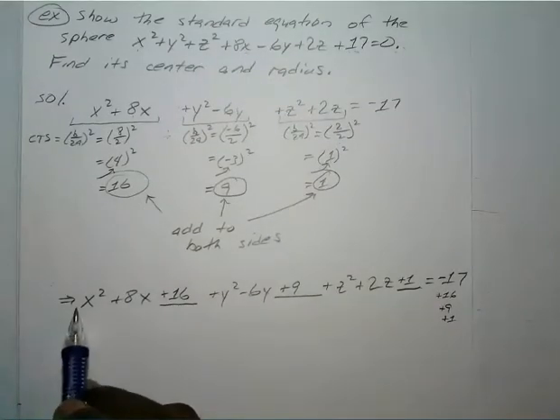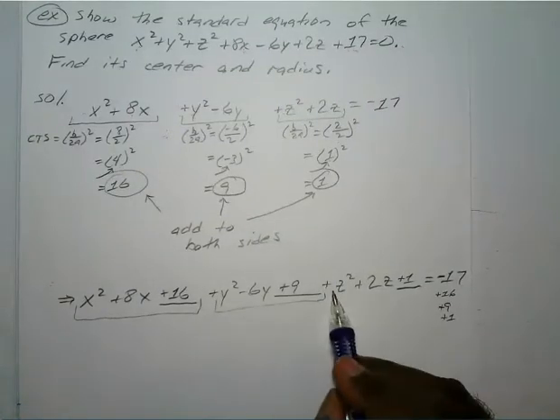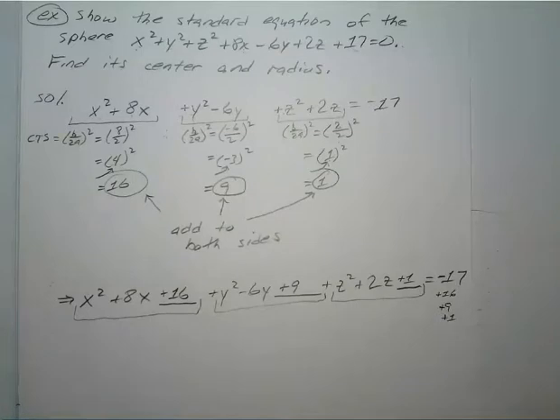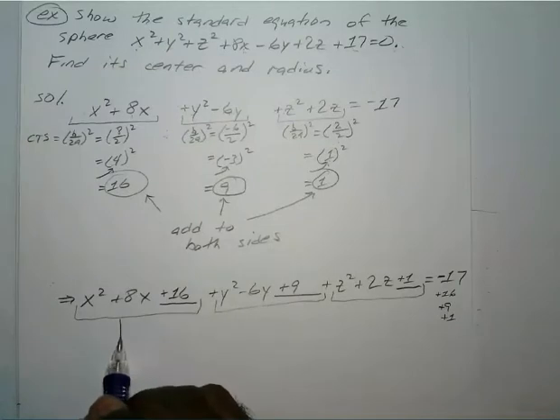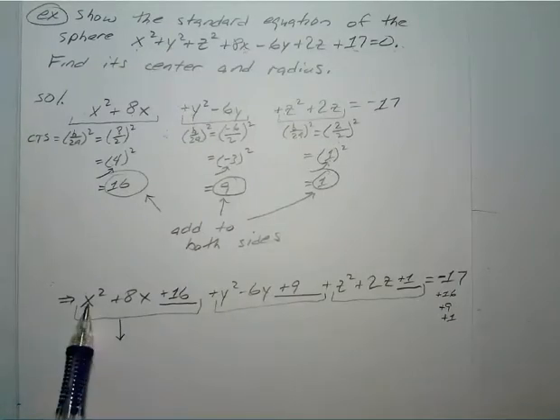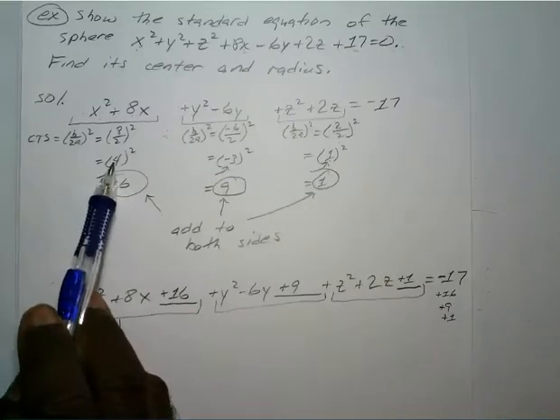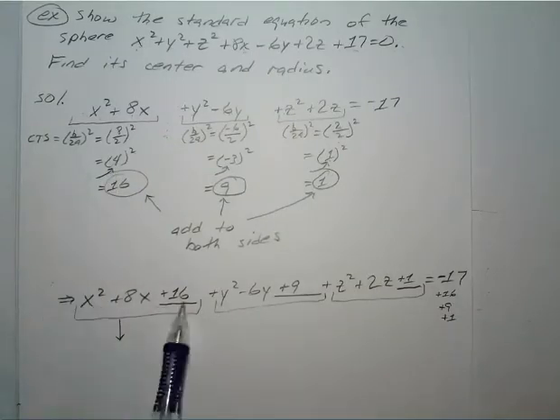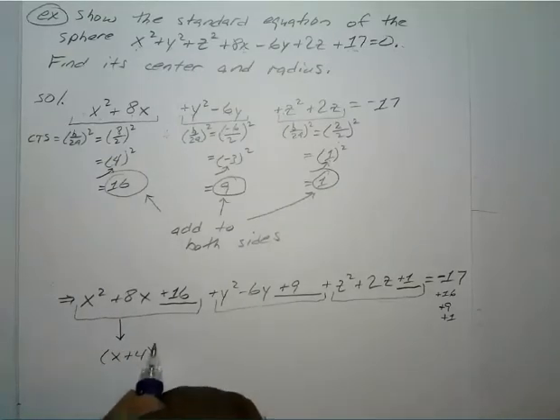Okay, so now right here, we have 3 perfect square trinomials. So that means we can make this into a perfect square trinomial. So x squared plus 8x plus 16, this is where that remembered value comes in. I told you to remember that 4. Why? Because these 3 terms just become x plus 4 squared.